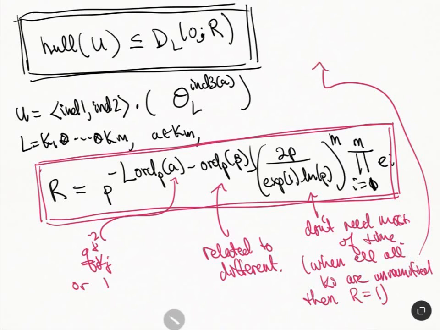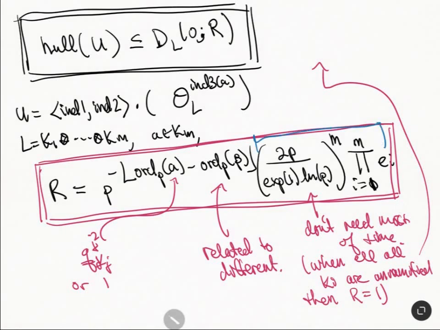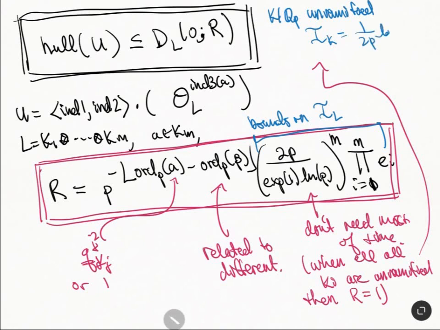Okay. In particular, when this is unramified, let me just say a little bit more about this. So this part here comes from bounds on log shells. We can call it IL, and then in the case that K over QP is unramified, then IK, so this is 1 over 2p log OK cross.